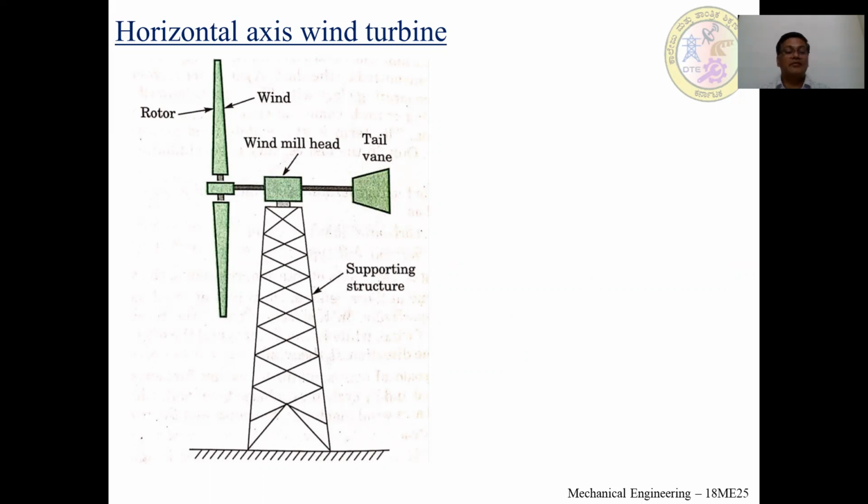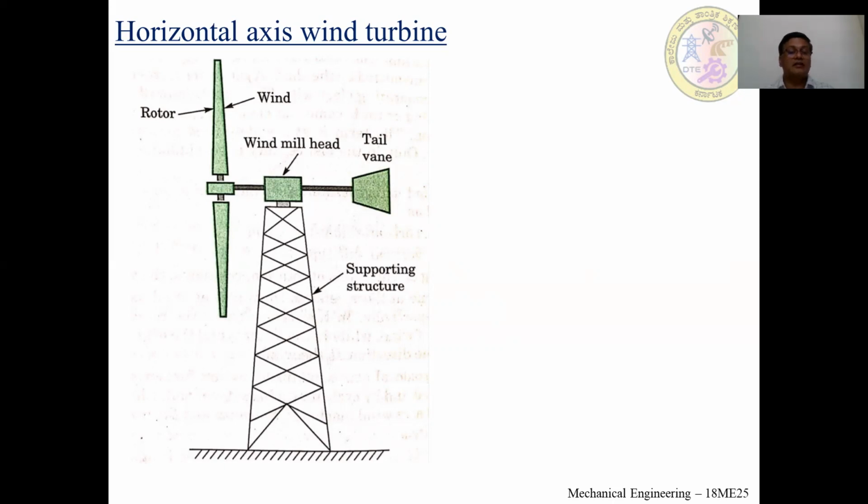So component wise, first we'll pick foundation. If you take any wind turbine, basically the foundation gives the support to the tower. Because the wind turbine includes different parts which weigh in tons.